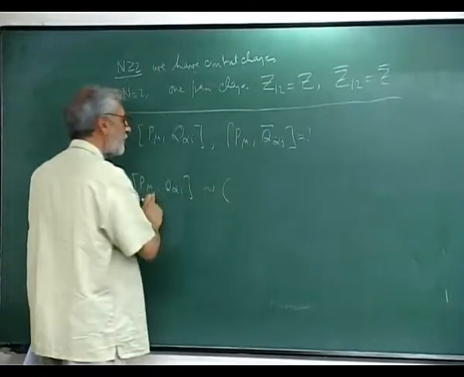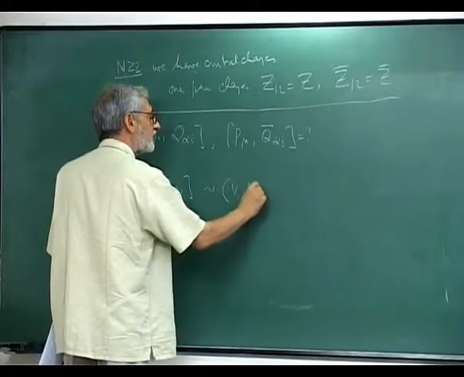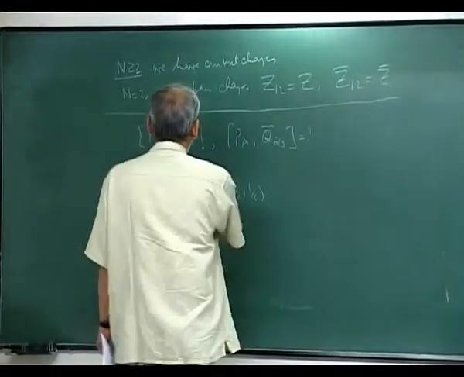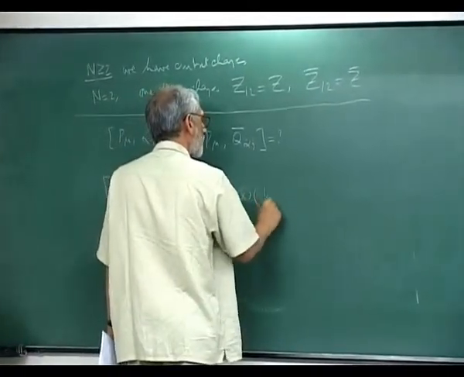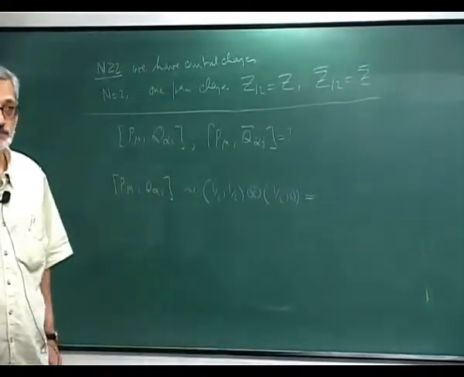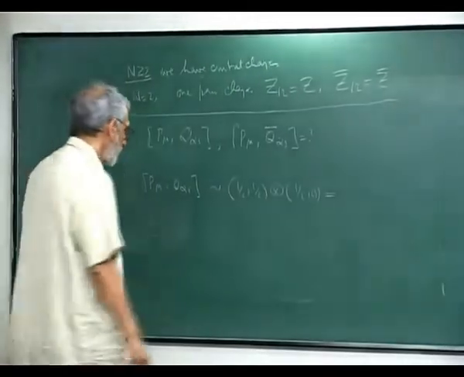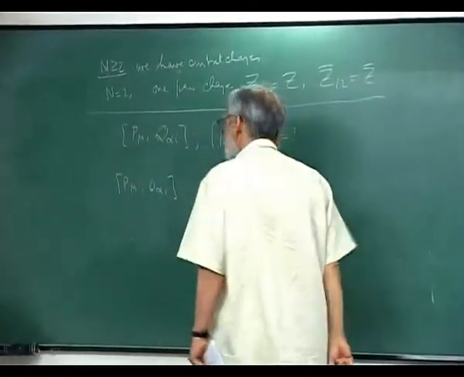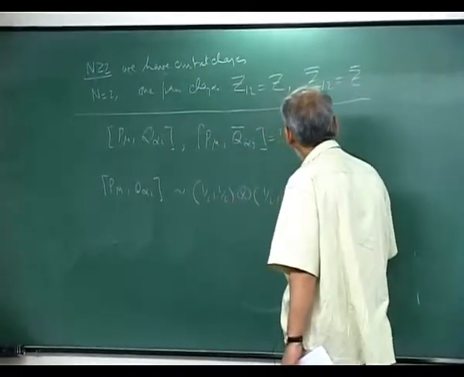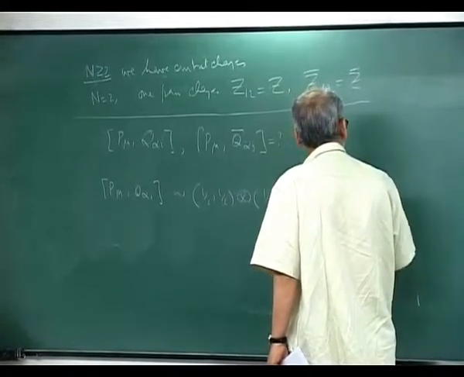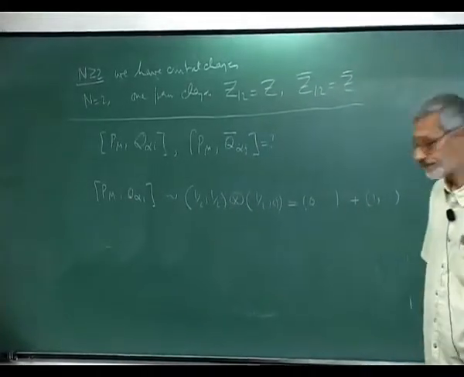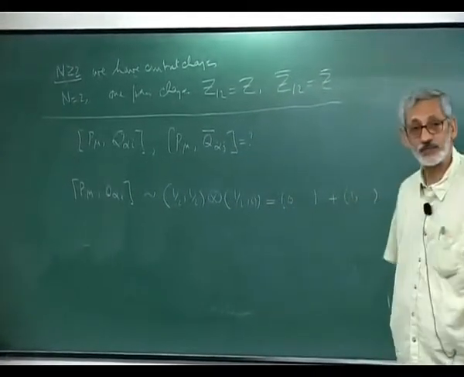Now under Lorentz transformation, P mu is half half representation, and Q alpha is half zero representation. Now use the same logic and break this product of two representations into irreducible representations. Half and half can give you 0, and half and half can give you 1. So the first entry is 0 and first entry is 1.